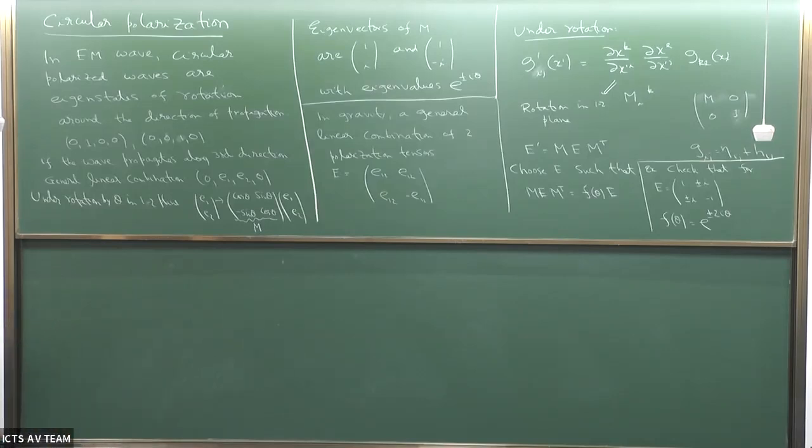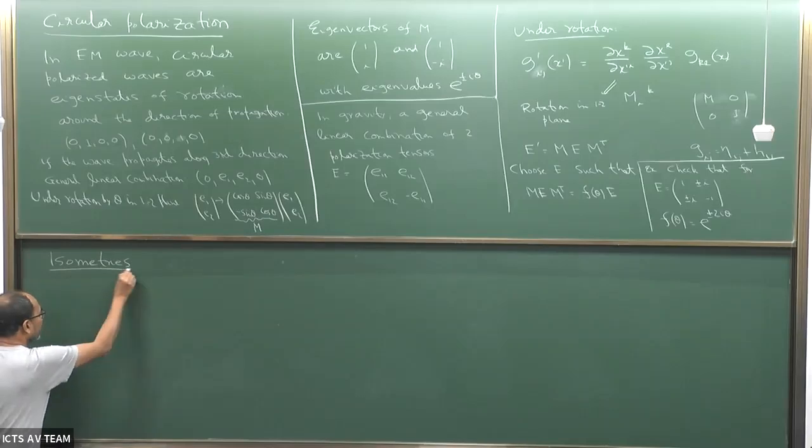So the notion that we want to discuss is the notion of isometries. I think I have mentioned it and you have also seen it in various contexts, but let me just give the formal discussion of what one means by isometry.